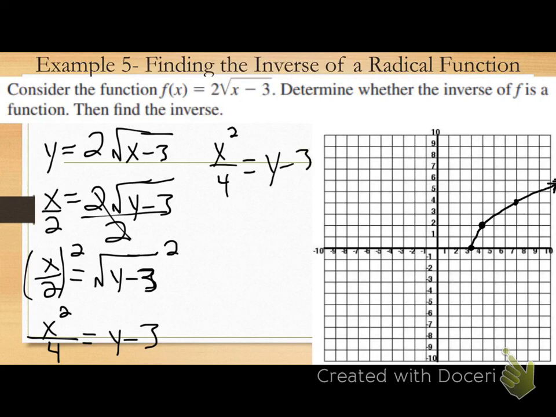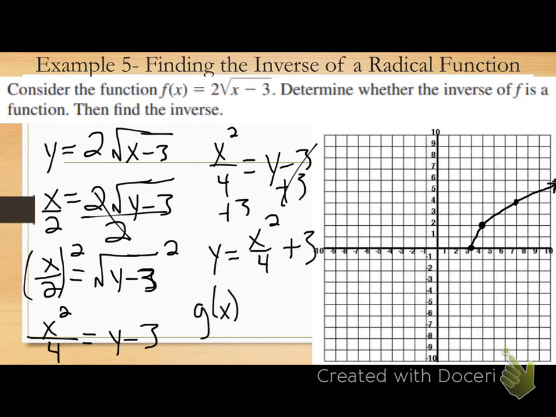What do we say? Add 3 to both sides. So y would equal x squared over 4 plus 3. And we want it as a function, so we'll call it g of x. g of x equals x squared over 4 plus 3. There would be my inverse.